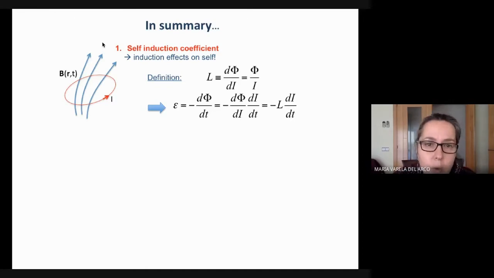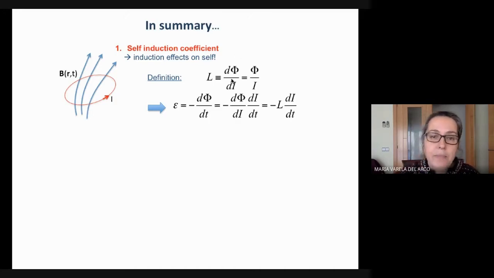So we defined the self-induction coefficient, L, as the derivative of the flux with respect to intensity. For most linear materials, the flux, as we discussed yesterday, is proportional to the intensity, so you can just calculate L as the quotient between the flux and the intensity itself.